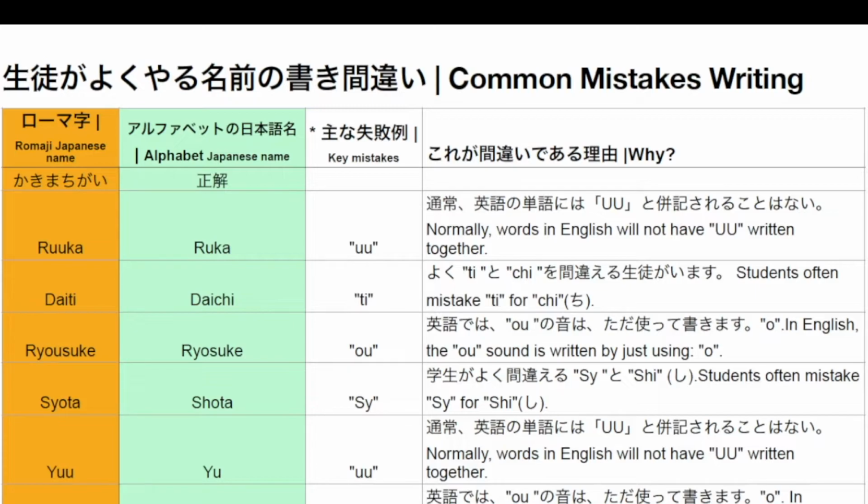Taro. Now, we also have you. So you is you. My name is you. In English, we do not use two vowel sounds in most names.